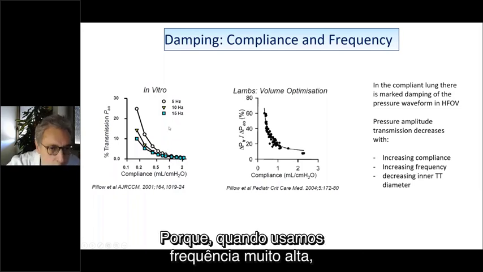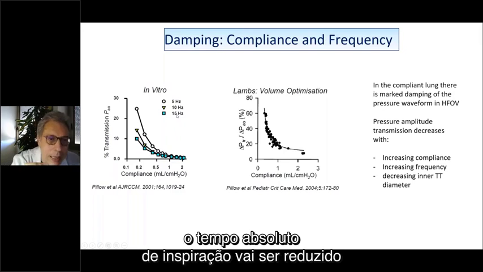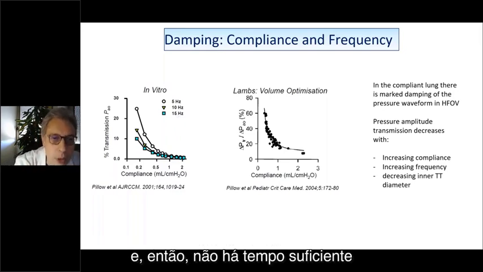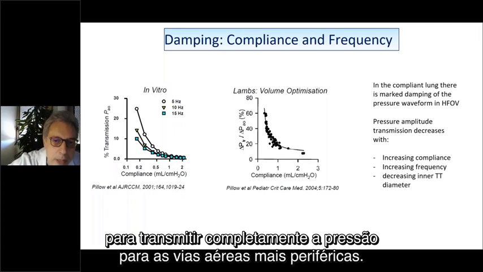Why this? Because when we use very high frequency, the absolute time of inspiration will be reduced, and then there is not sufficient time to transmit completely the pressure to the more peripheral airways.